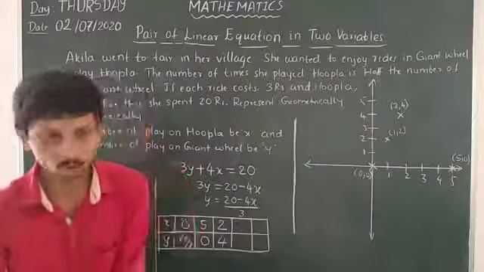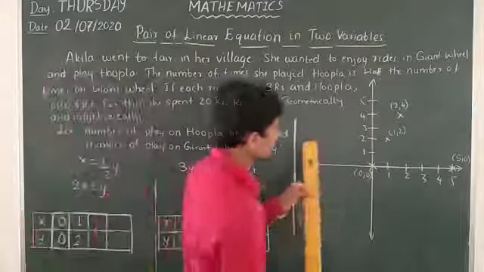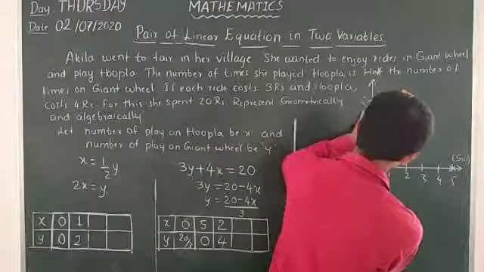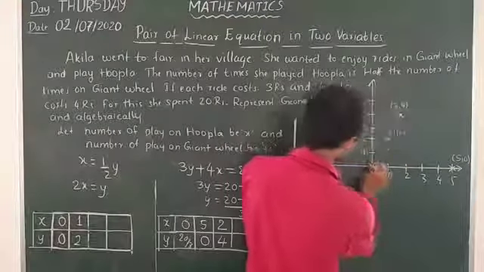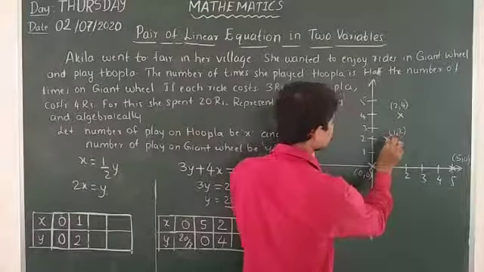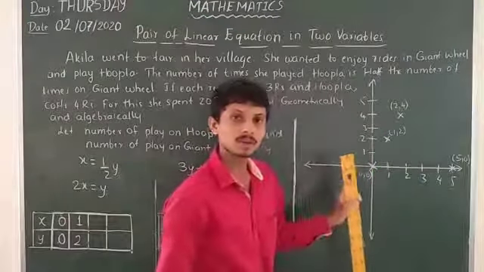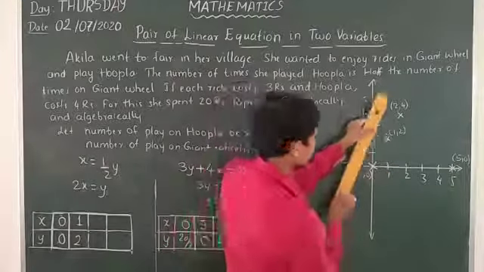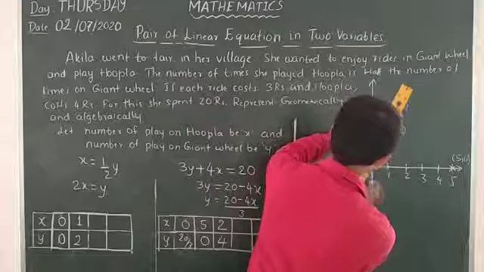Then we have to join these points. 0 comma 0 and 1 comma 2 are the points for the first equation, so I will join them here.